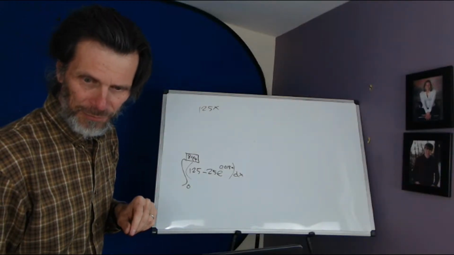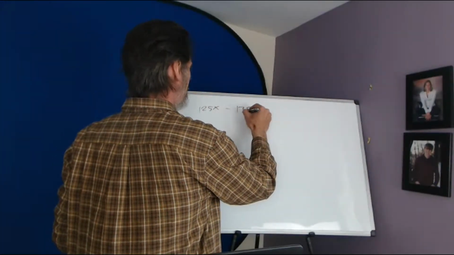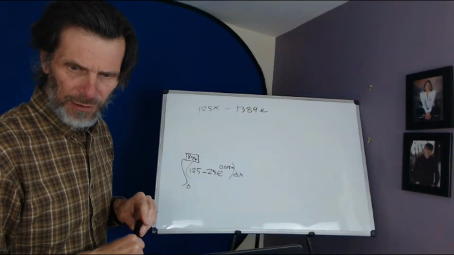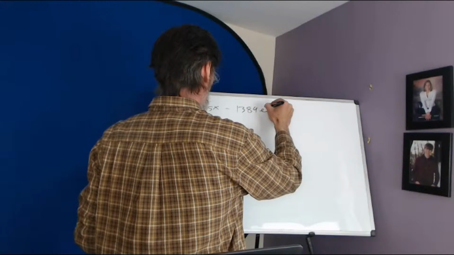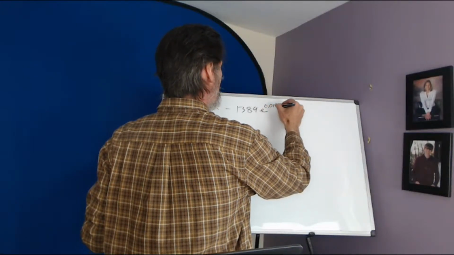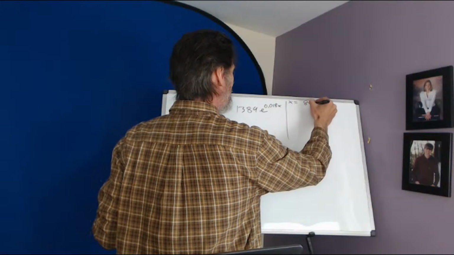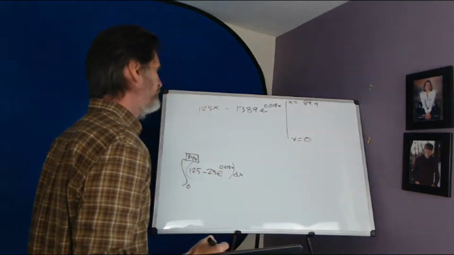Let's go with that. Then 0.018x, evaluated from x equals 89.4 to x equals 0.